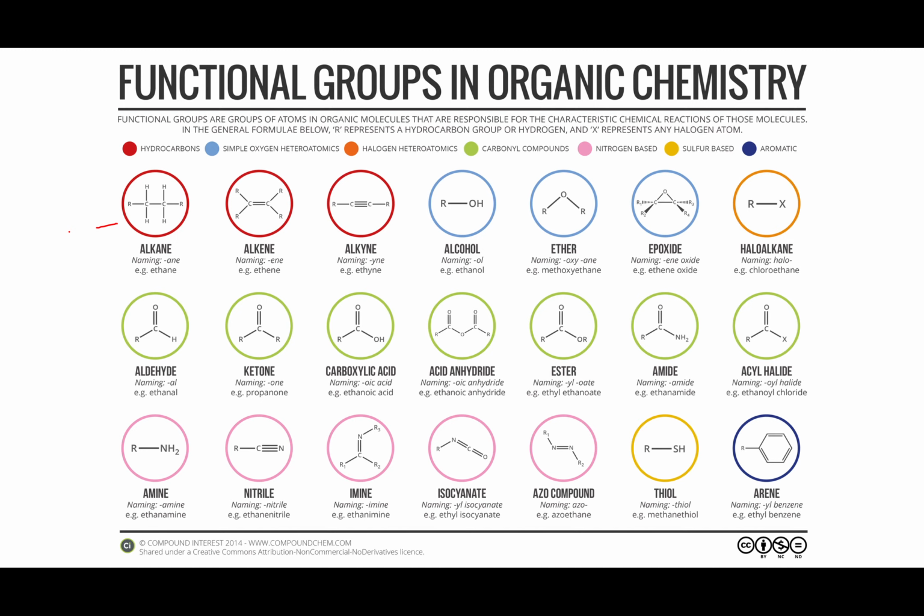Those are alkanes. Alkanes are characterized by single bonds only, and are composed only of carbons and hydrogens. Now, when we take your alkane and add one double bond, like this one, we now have an alkene. When this double bond is replaced by a carbon-to-carbon triple bond, we call that an alkyne.